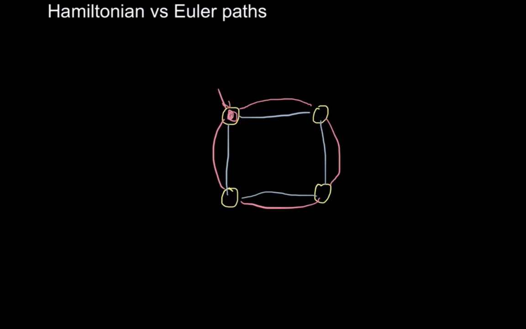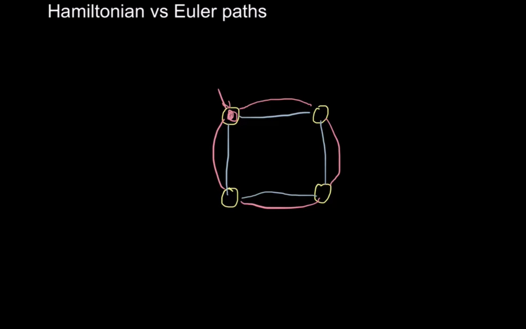Now an Euler path, and I know it looks like Euler, but it actually is pronounced Euler, like O-I-L-E-R. An Euler path is where every one of the edges is touched at least once. So it really doesn't care about the nodes at all, but the edges are the important thing.